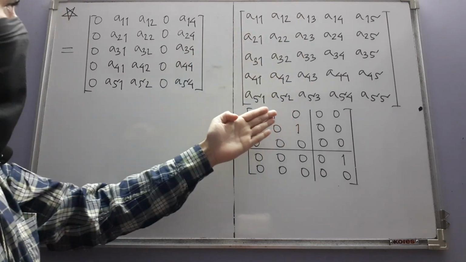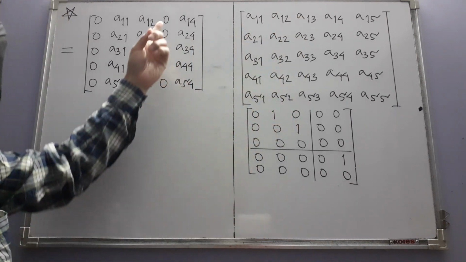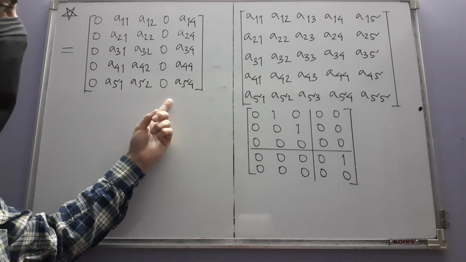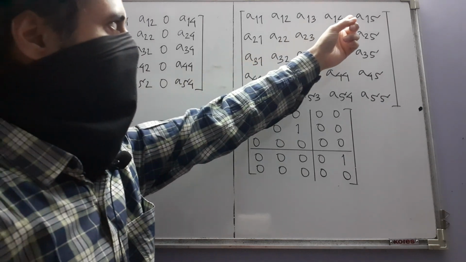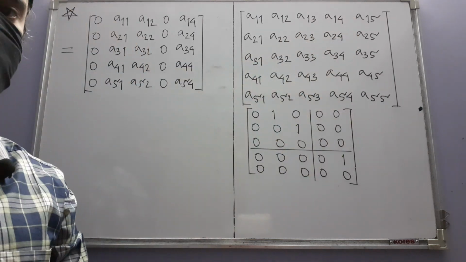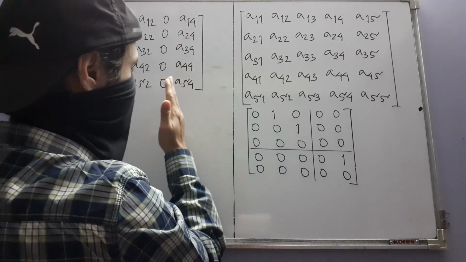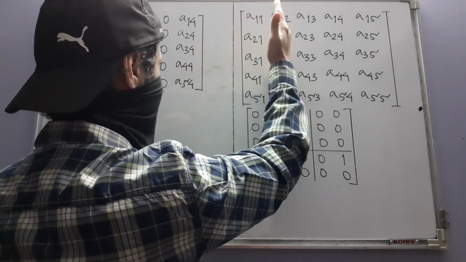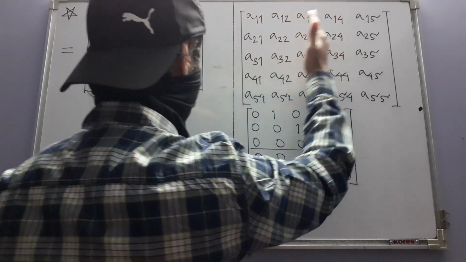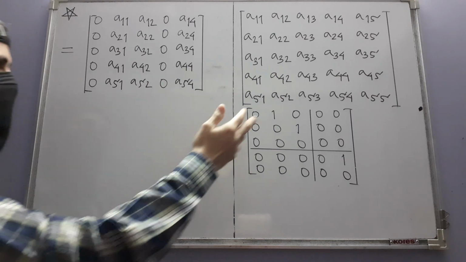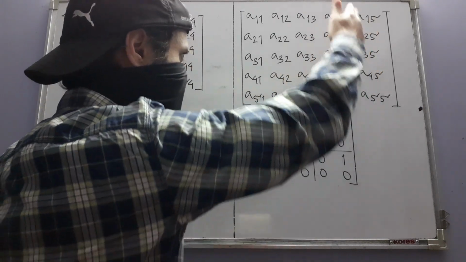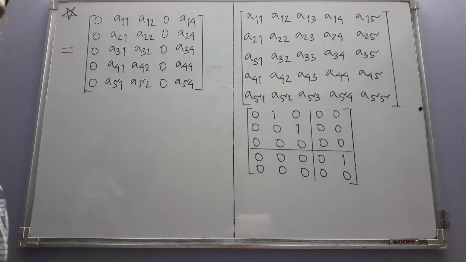The third column vanishes. Its place is taken by a 0 column. And then we have the fourth column. So we have 0, then this, 0, then this, and that's it, because there is no more place for the fifth one.